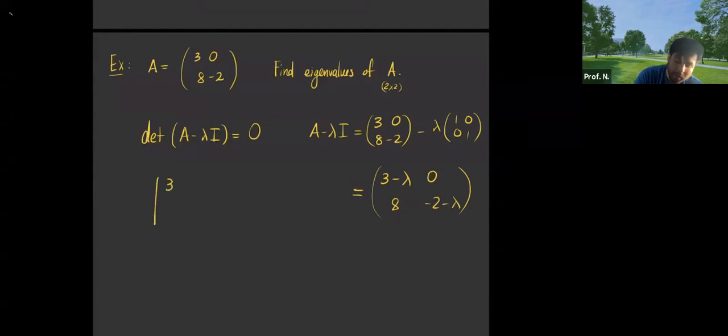So I want to find the determinant of 3 minus lambda, 8, 0, and negative 2 minus lambda. What's so nice about this? Well, it's a lower triangular matrix. When you have a triangular matrix and you want to find the determinant, what we learned was that you only have to multiply the diagonal entries. So the determinant of this matrix is what? 3 minus lambda multiplied by negative 2 minus lambda.